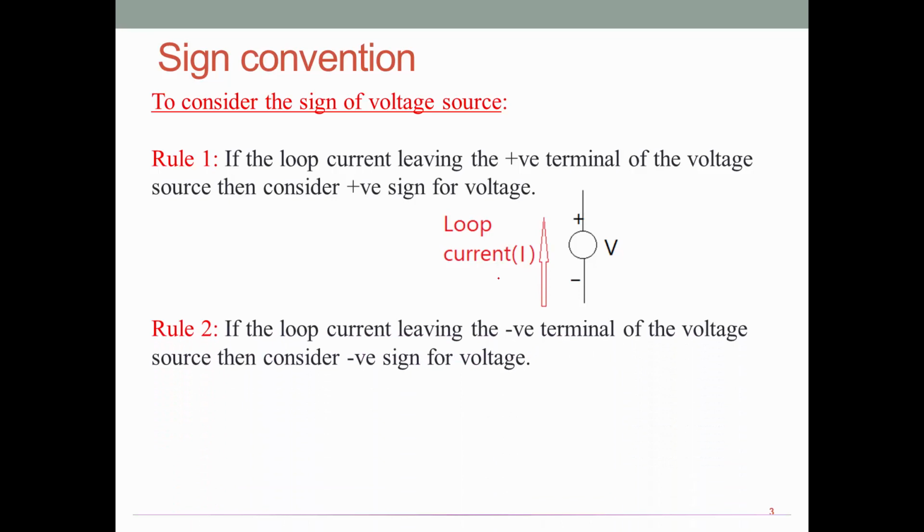On the other hand, if the loop current is leaving the negative terminal of the voltage source, then consider a negative sign for the voltage source. Say for example, I am taking the same voltage source. Now the loop current is downwards, that is leaving the negative terminal of the voltage source. In this case, I have to consider a negative sign for the voltage source. These are the two rules to be followed while considering the sign of the voltage source.